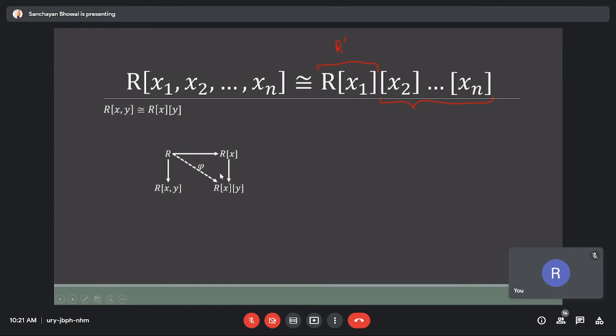Now we will use the substitution principle here. We have R sitting inside Rxy, there is a homomorphism from R to Rxy, and hence there exists a unique homomorphism. As you can see, while proving our substitution principle, we did it only for Rx. However, it can be generalized for any polynomial ring.